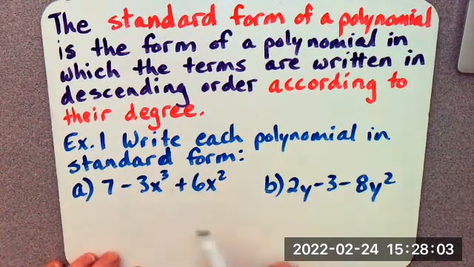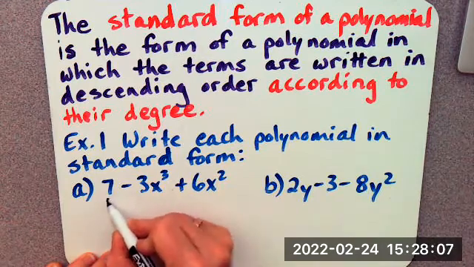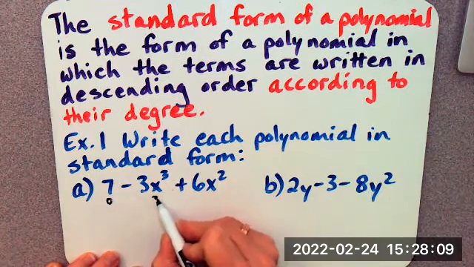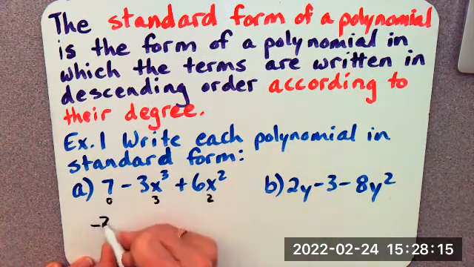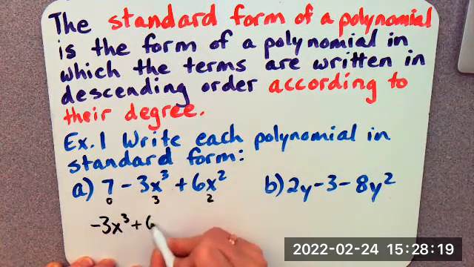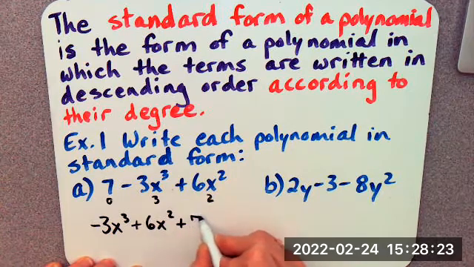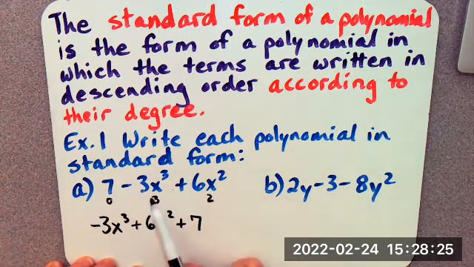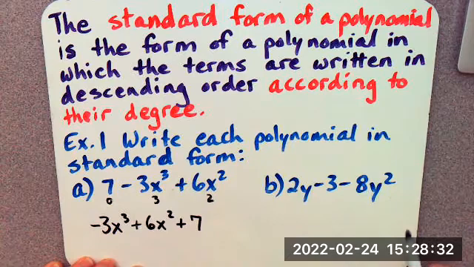So first we look at the terms and we see this is a 0 degree term. This is a 3rd degree term, and this is a 2nd degree term. So we're going to write this as negative 3x cubed plus 6x squared plus 7. So we put the highest degree first, the second highest next, and the last term goes here.